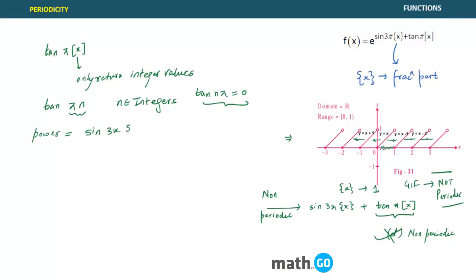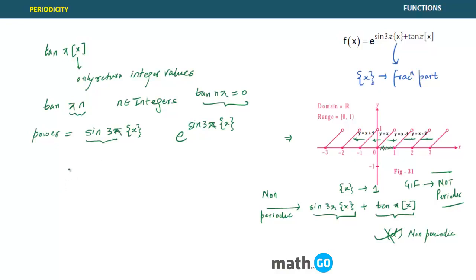This question is very important because at first it looks like the answer is non-periodic. Why? Because this function is periodic but that is not periodic, and a non-periodic component would make the entire function non-periodic, but that component is not there. So the entire function is actually e raised to the power sin 3 pi times the fractional part of x. Sorry, not 3x, this is 3 pi, otherwise this cannot be solved.